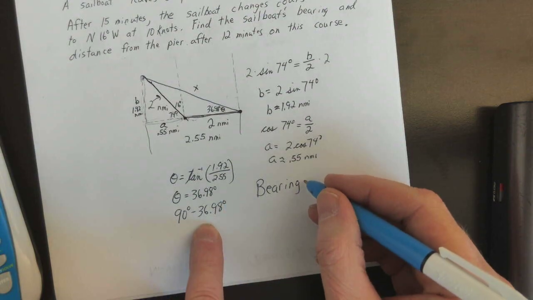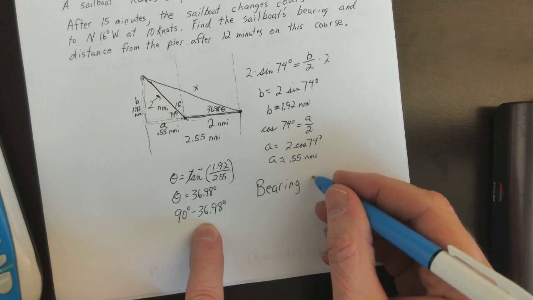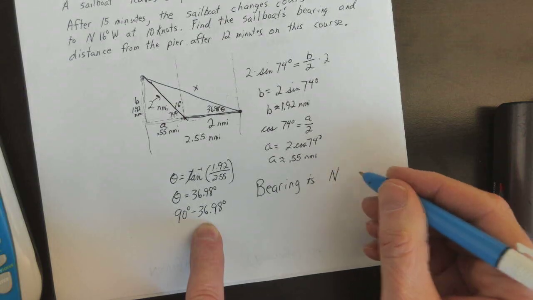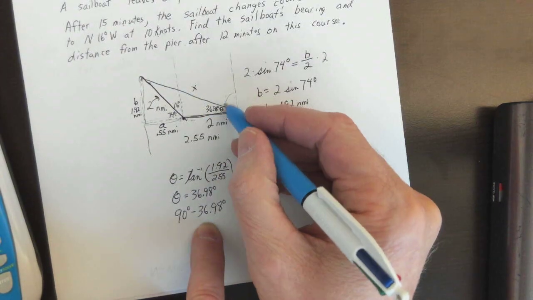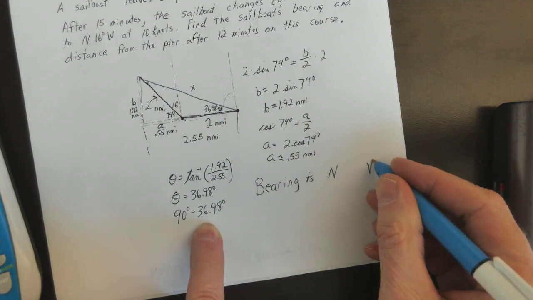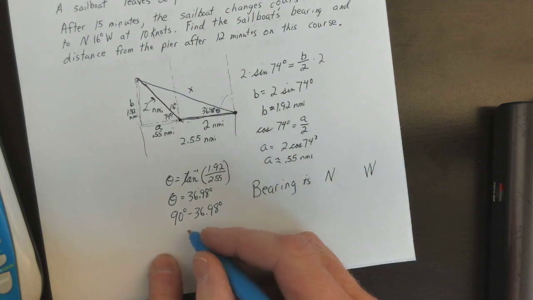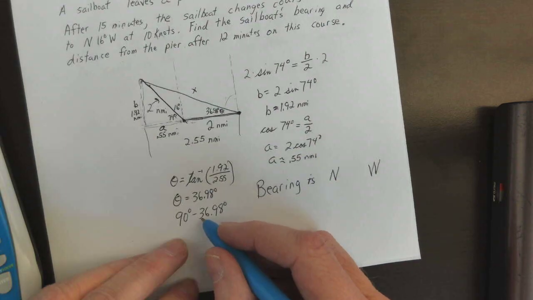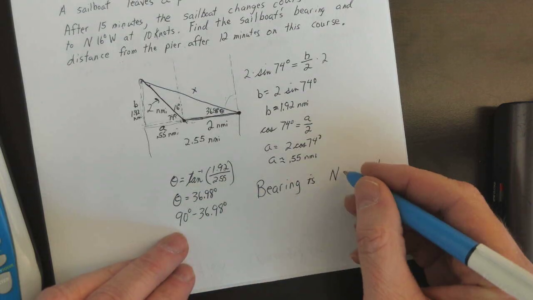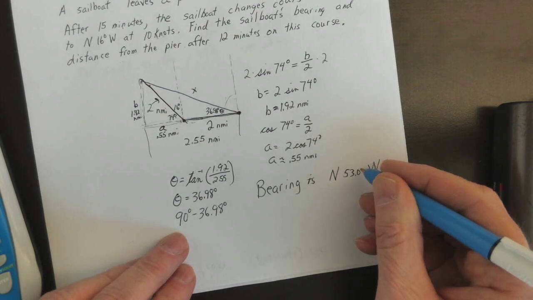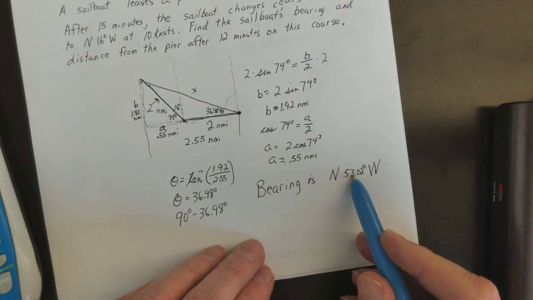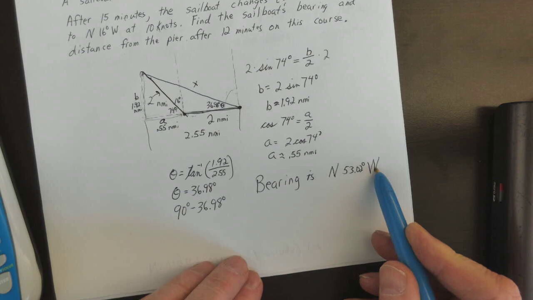My bearing is north, and we're going west off of north. This is to the west. But how many degrees is that? So 90 minus 37 is 53. So I'm going to go 53.02 degrees. So the bearing is north, 53.02 degrees west.